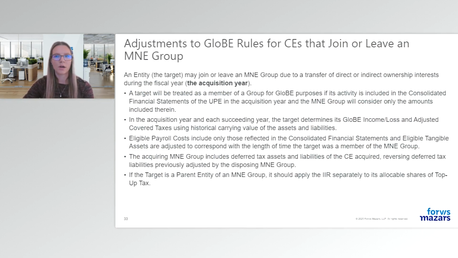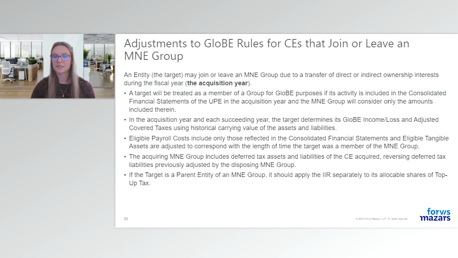So there are a number of provisions throughout Article 6.2 that deal with how we perform those adjustments. So first, a target is going to be treated as a member of a group for GLoBE purposes if its activity is included in the consolidated financial statements of the UPE in the acquisition year, and that acquiring M&E group is only going to consider the amounts included therein.